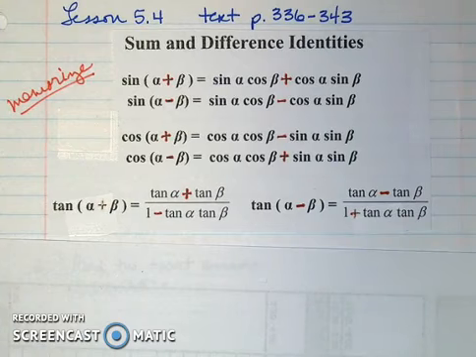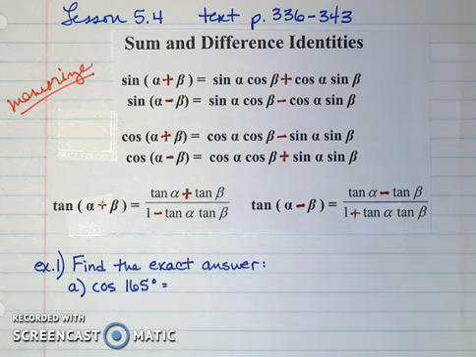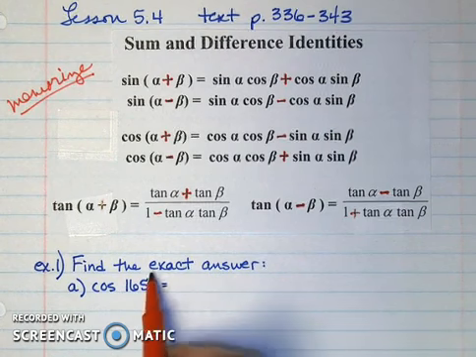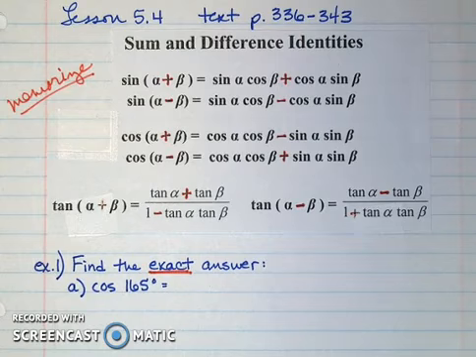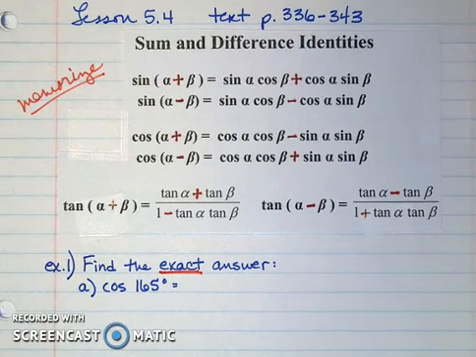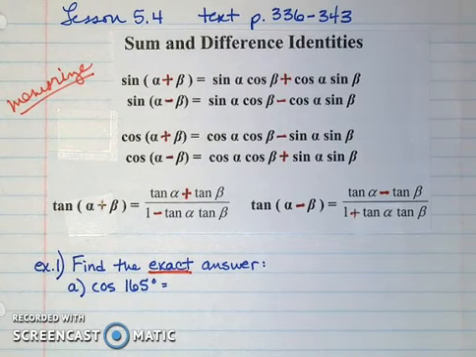Let's try an example. If I want you to find the exact answer for cosine of 165, exact means you can't just pick up your calculator and tell me what cosine of 165 is. I don't want the decimal value. I want the exact answer. Well, you can't go to your unit circle and find the cosine of 165.